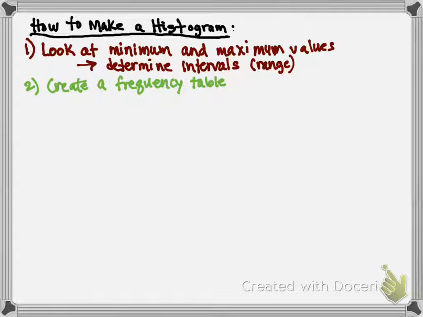We're going to just make a tally mark, and when we're done with all the pieces of data, then we're going to count them up and write the number in a column called frequency, and it's going to be the actual number, not tally marks anymore. So we're going to create the frequency table to see how many values fit into each interval.